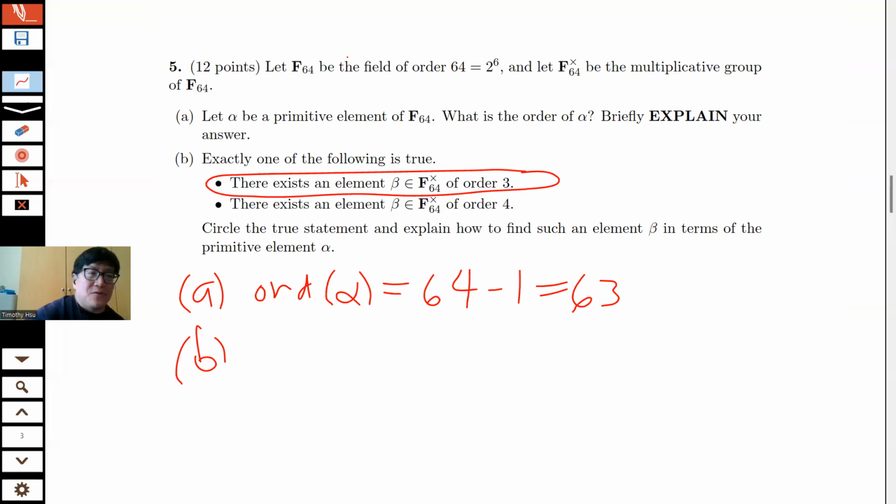So I circled the true statement, and this is not part of the answer, but worth mentioning that this is false because 4 doesn't divide 63.